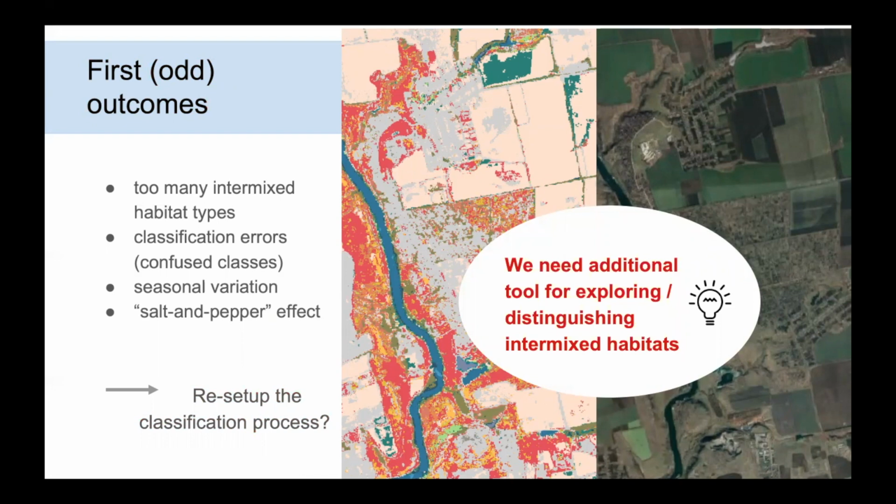To address those issues, we digressed a bit from our initial goal, and we turned to a new one. We decided to create a tool for rapid visual exploratory analysis of spectral reflectance for user-defined data, in our case for different habitat types.